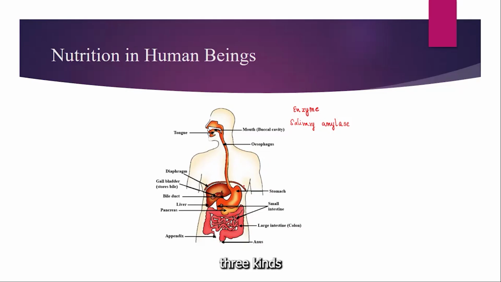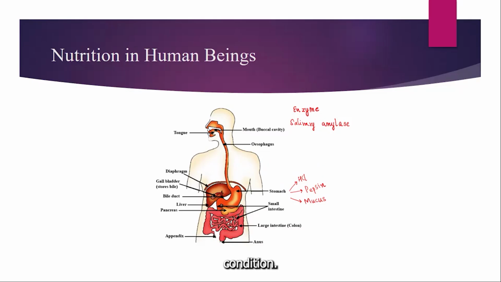So we have three kinds of gastric juices which are secreted in the stomach. One is HCl, or hydrochloric acid. Next is pepsin, which is a protein digesting enzyme. And next is mucus. The sole purpose of mucus is the protection of the walls of the stomach from the action of acid under normal conditions.